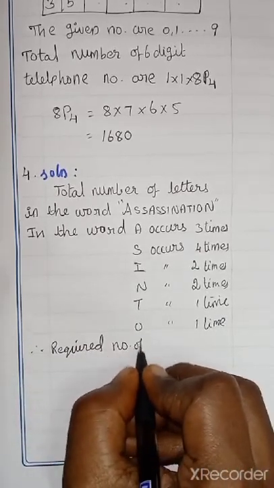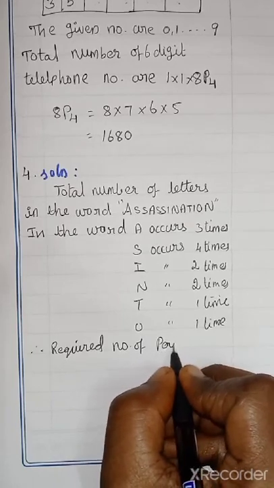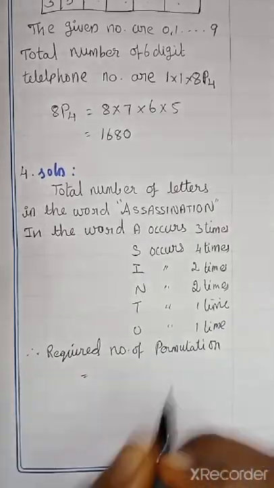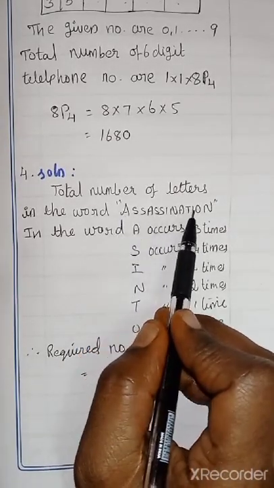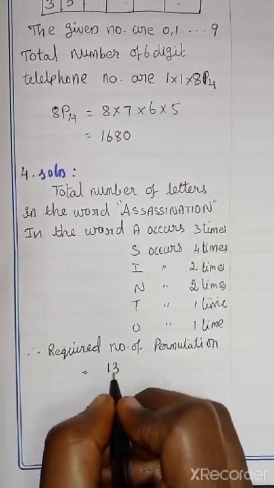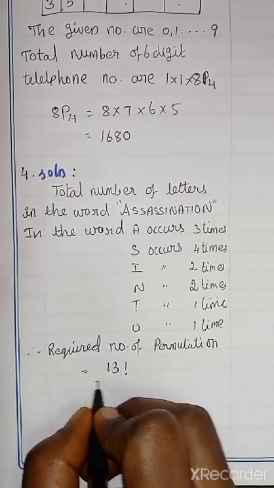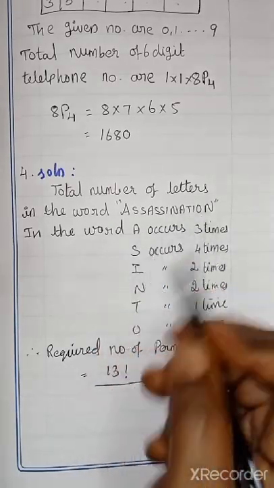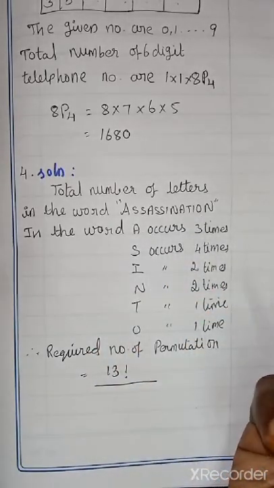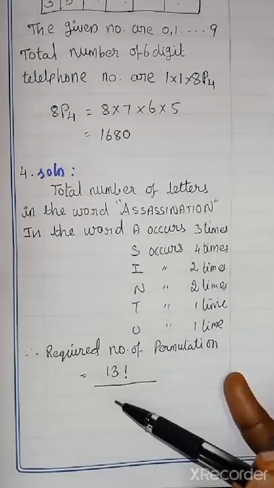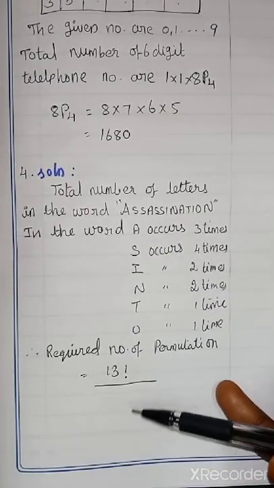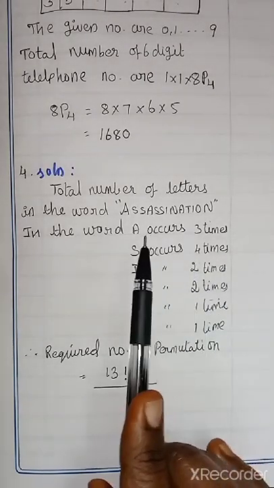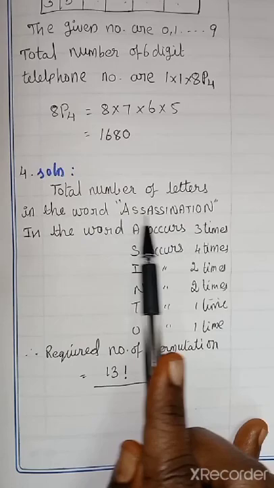Therefore, the required number of permutations is, okay, totally how many letters are there? 13. So 13 factorial by, since the same letters are repeating many times, like A, S, I, N, those repeating numbers we have to take in the denominator. Here we can't directly use the permutation formula because many letters are repeating.